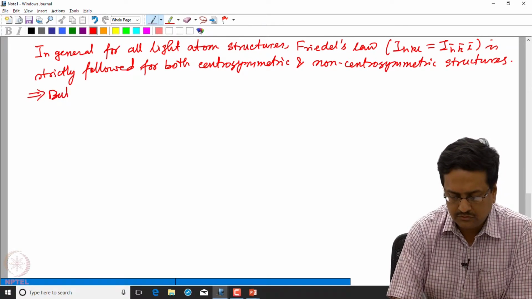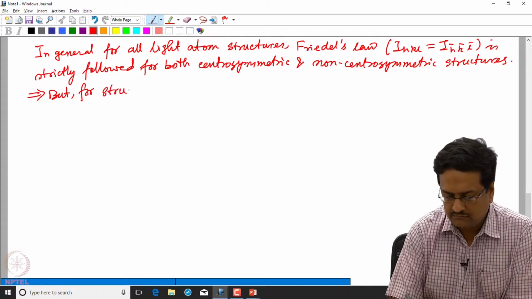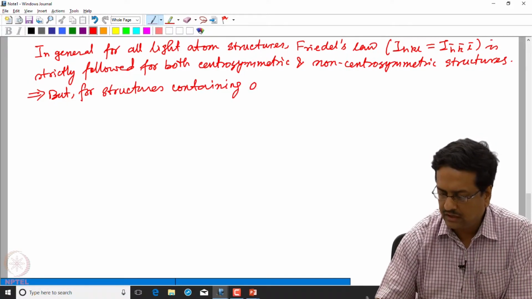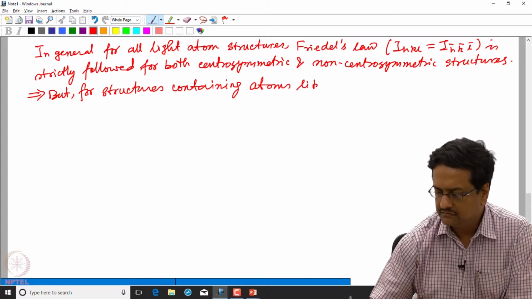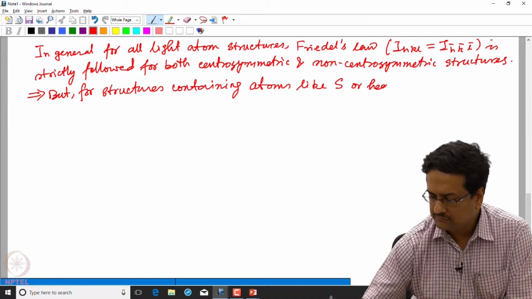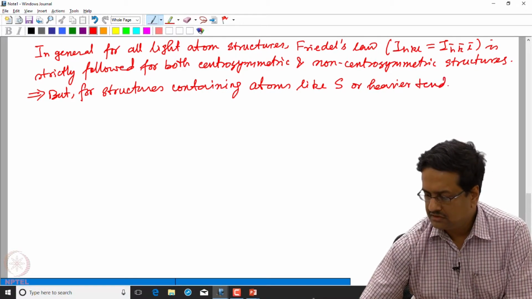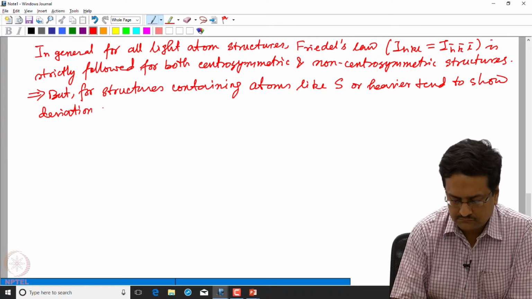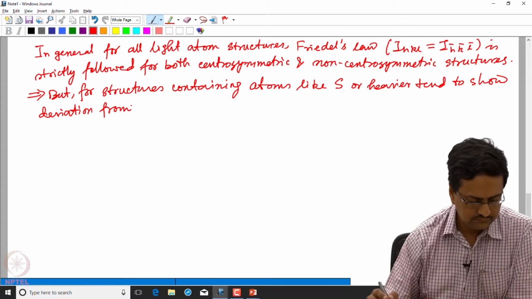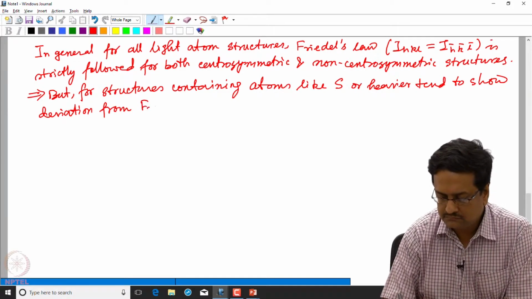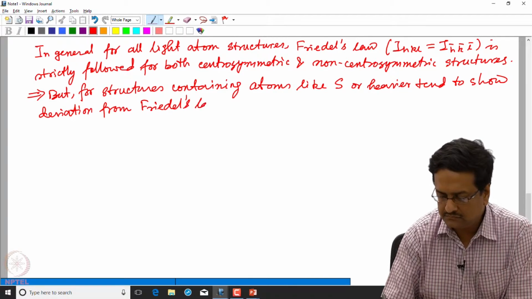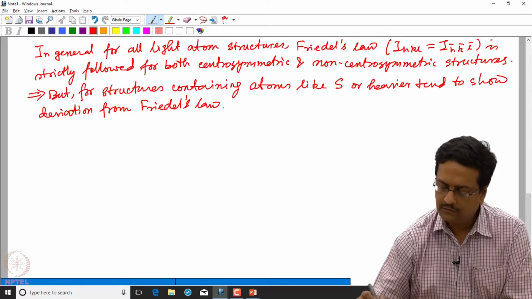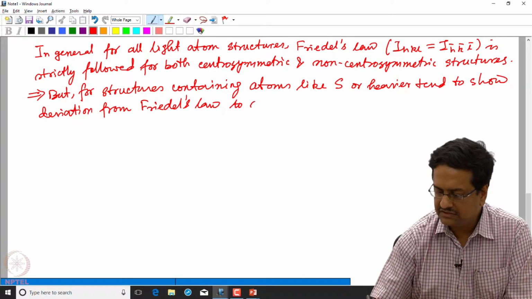But structures containing atoms like sulfur or heavier tend to show deviation from Friedel's law to some extent.